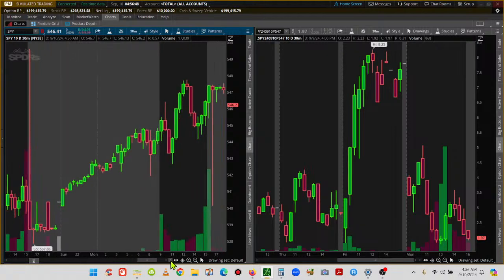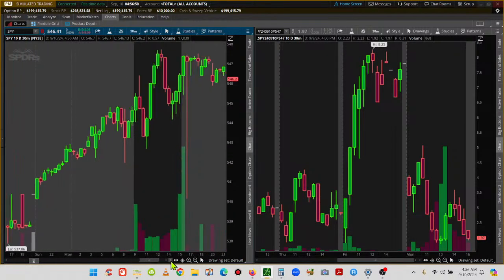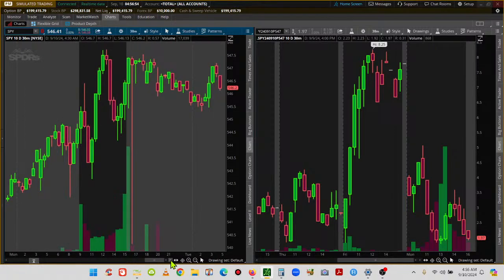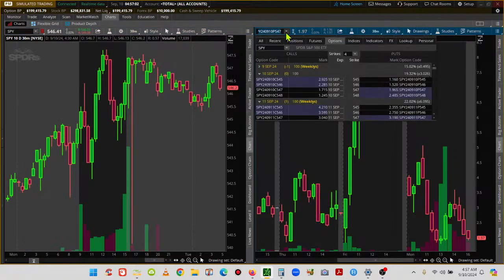So that's a concept you have to get for options trading, that the put contracts are going to do the opposite of the market. Okay, and the further out of the money they are, the harder it is for them to get in the money.